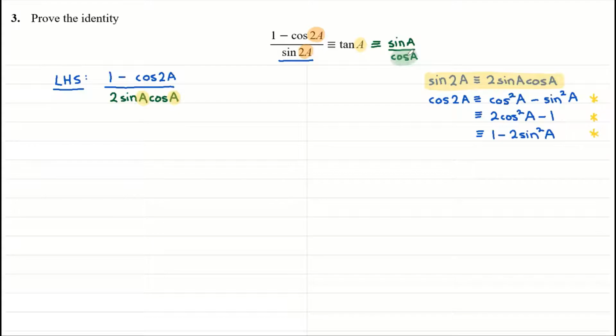There, okay? I want a cosine a in the denominator, and I have a cosine a in the denominator here. All right? So that also suggests that this 2 and this sine a need to cancel out somehow. Well, if I want to cancel out a 2 and a sine a, which is the best candidate to do that? That means that I've got to have a 2 and a sine a or something similar in the numerator. All right. Now that suggests that it's the bottom one here that is going to do that job.